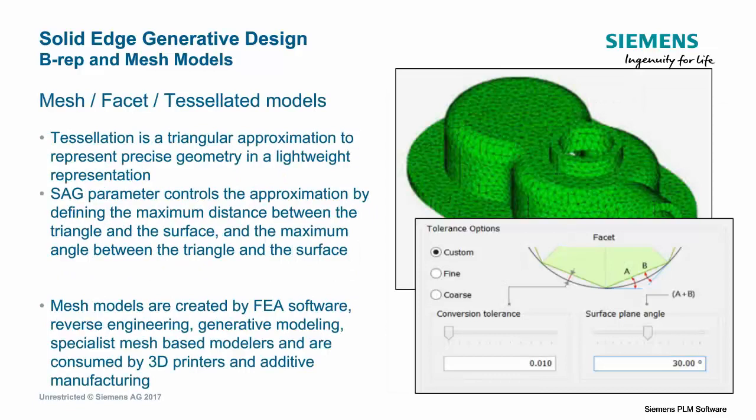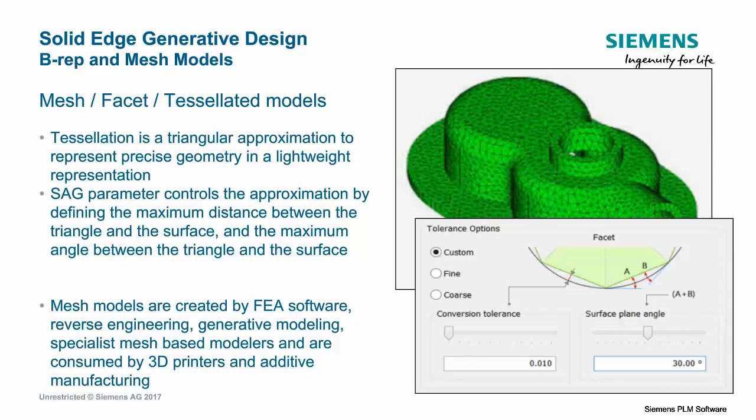And then we have this idea of mesh-based models. They're also referred to as faceted or tessellated models. These mesh-based models use flat triangles to represent geometry in an approximated lightweight format. A sag parameter is used to control the approximation by defining the maximum distance between the triangle and the surface.